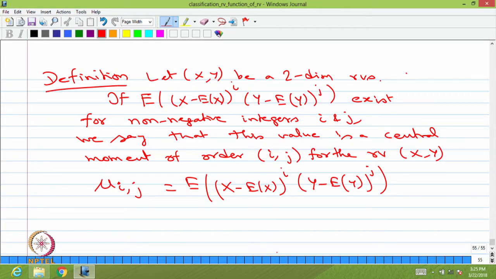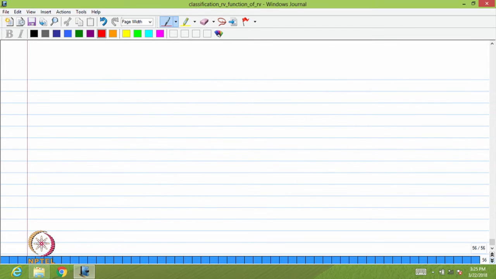This is a special case of the definition which we have given, the expected value of a function of a random vector, because this is a very special function, that is x minus expectation of x power i multiplied by y minus expectation of y power j. We can have a few results over this definition.